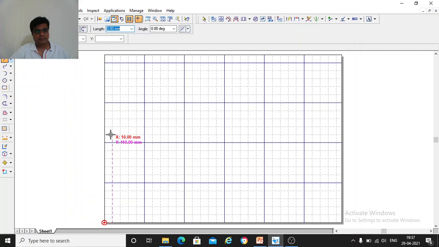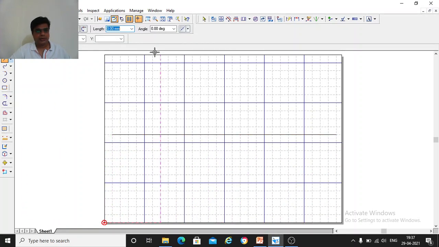Anywhere in the middle you can draw a line, that is the XY line. Approximately you draw a line from one end, left to right, indefinitely. Okay, it is the XY line.